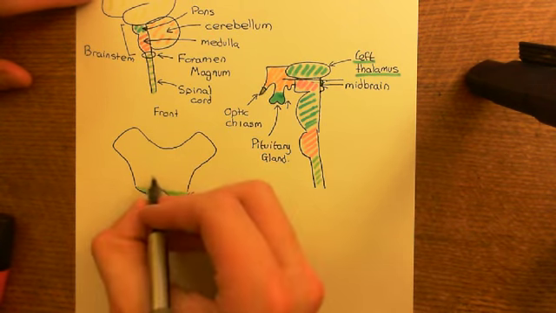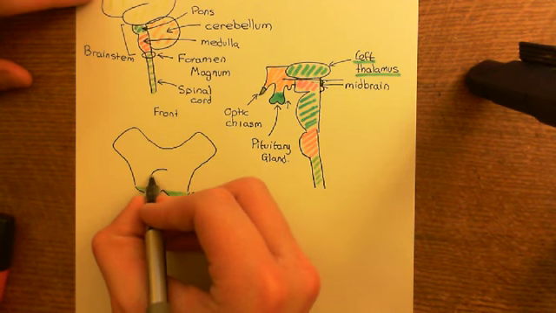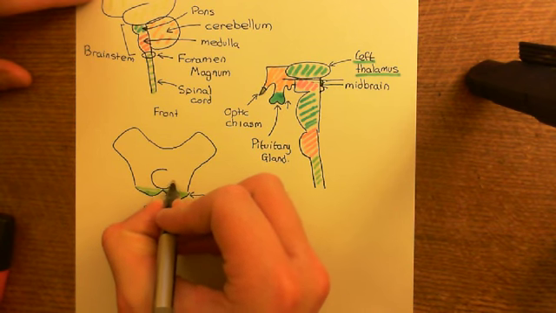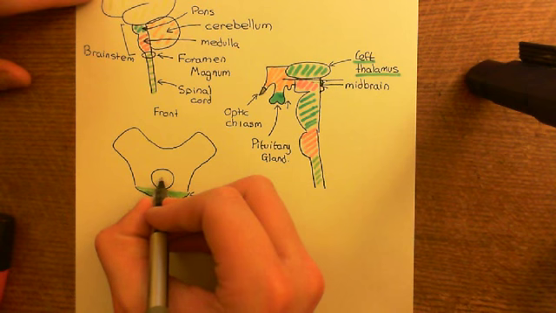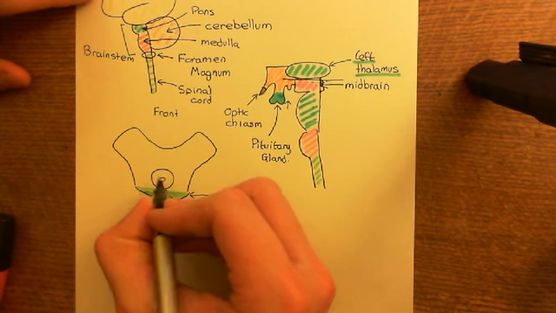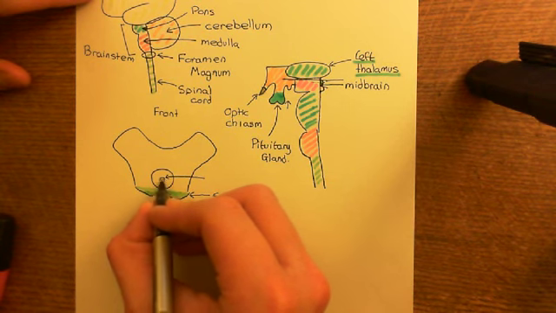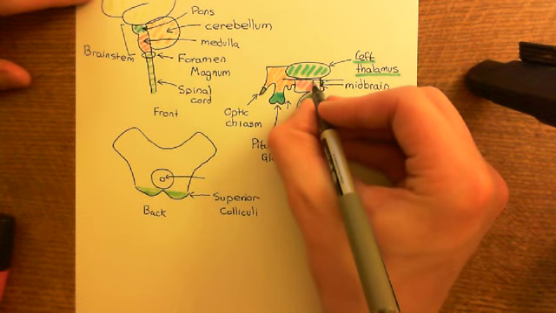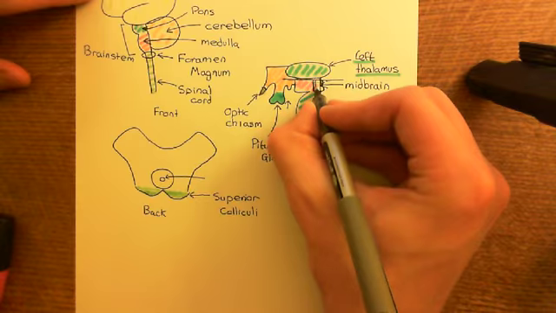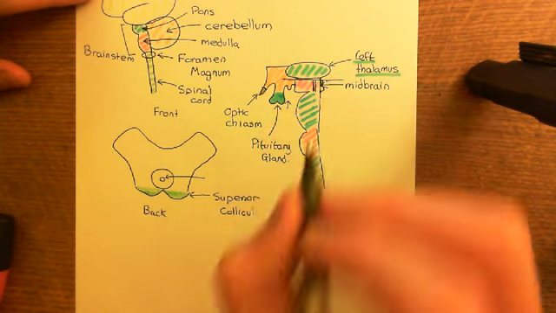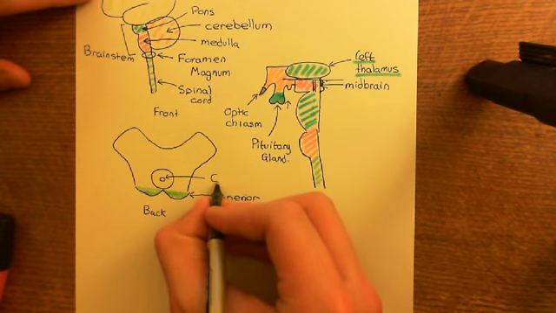Another important structure is the periaqueductal grey matter here, which has a very important structure known as the cerebral aqueduct running through it. This little tube right at the centre runs through the midbrain and is full of cerebrospinal fluid.